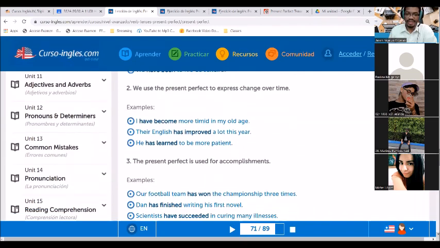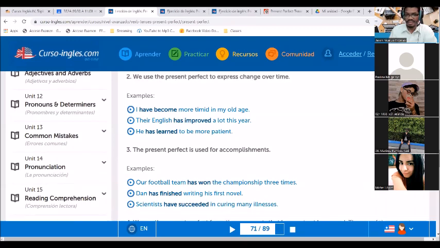Saul, number 3. The present perfect is used for accomplishments. Let me go down some more. Examples: our football team has won the championships 3 times.